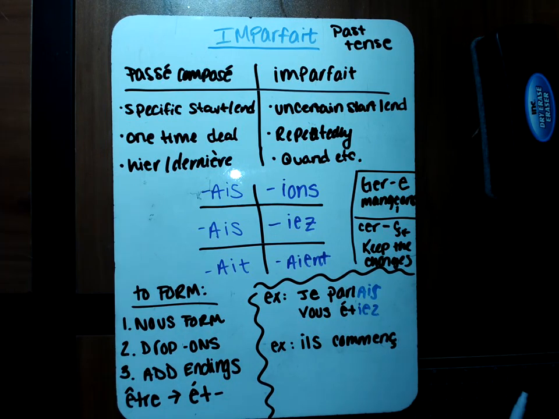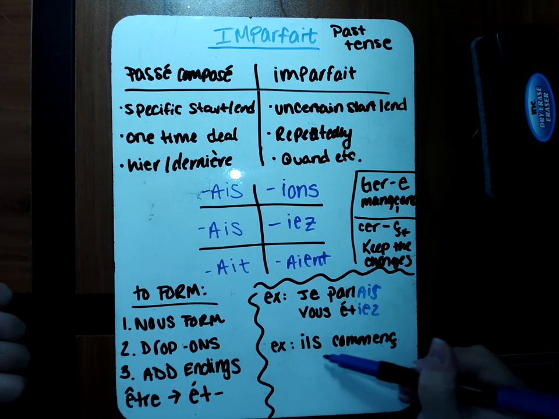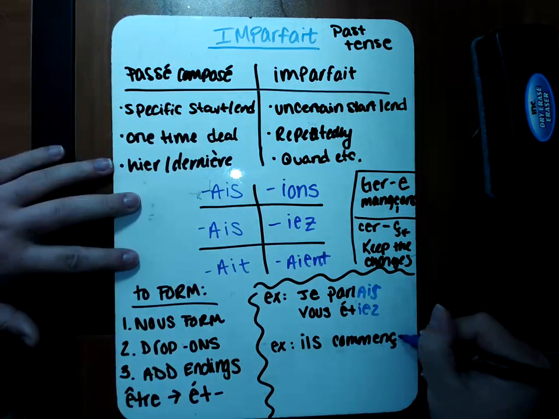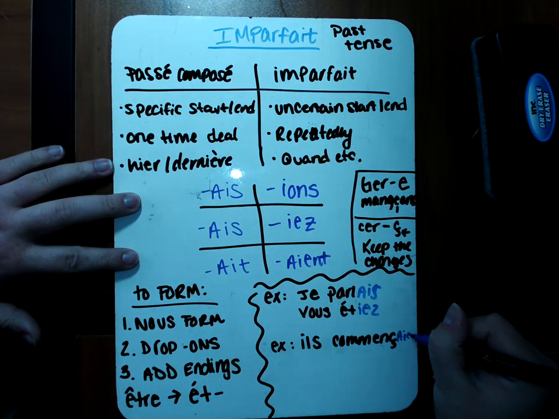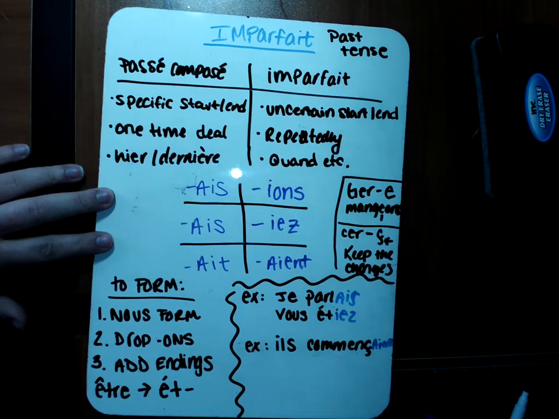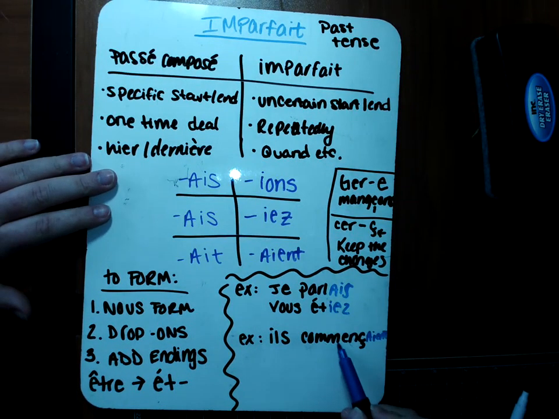Then I'm going to add on new endings for the Imparfait. We used ils, so now we're going to add on AIENT. I'm kind of running out of space there. So commençaient.